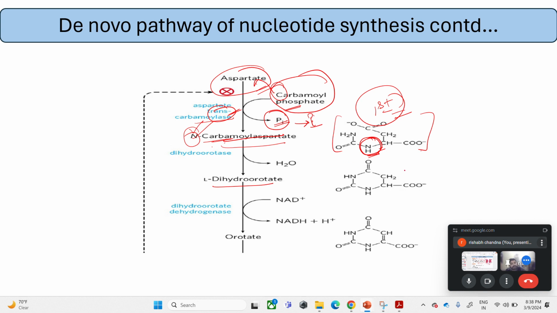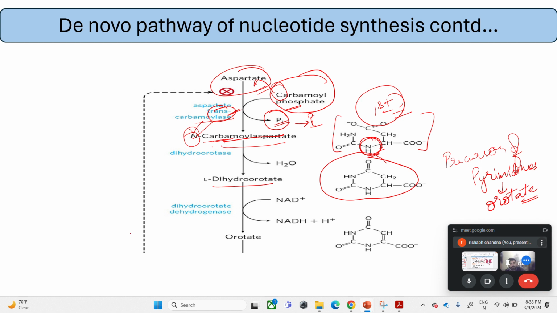That is the basic pyrimidine structure that we see. So this is a precursor of the pyrimidine molecule called orotate. Okay, this is also being asked in various competitive examinations, what can be the precursor of pyrimidines. So this is orotate.